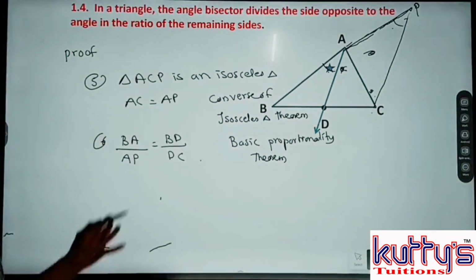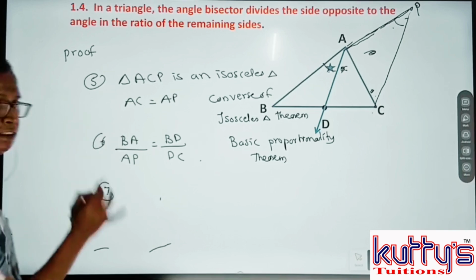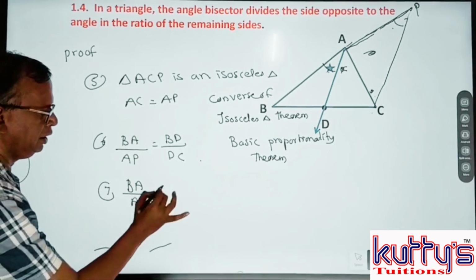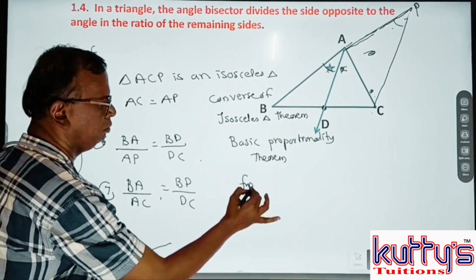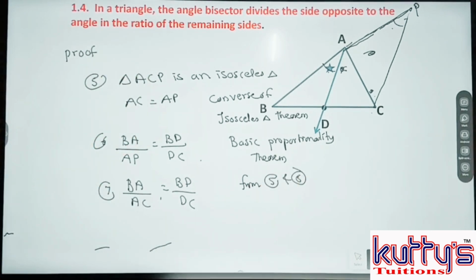So from 5 and 6, in the place of AP, you can write AC. So from 5 and 6, BA upon AC is equal to BD upon DC. Okay, clear? Understood?